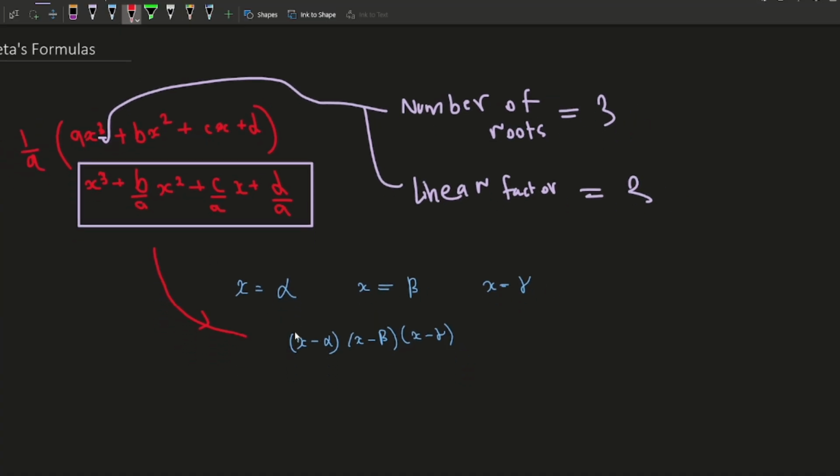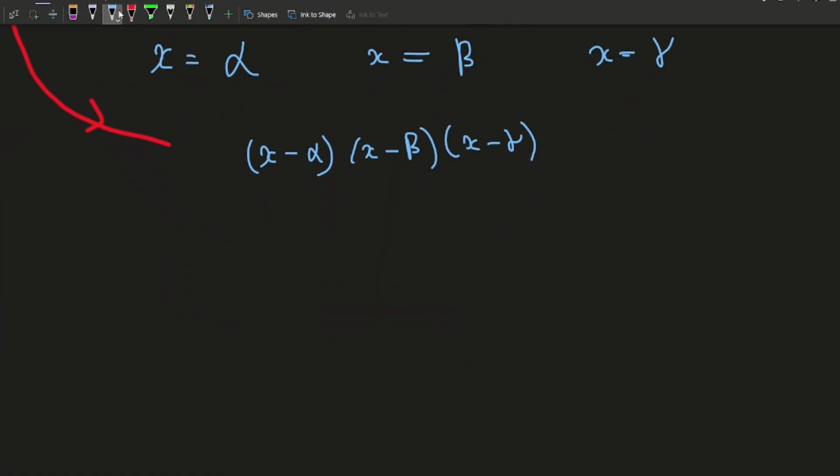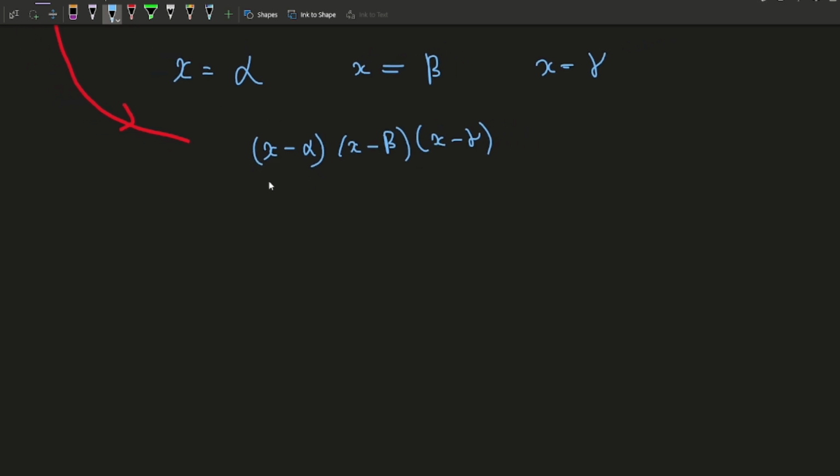So now let's expand the brackets. An easier way is to expand two of them first, and then expand the result with the remaining bracket. So I'm going to do this directly.